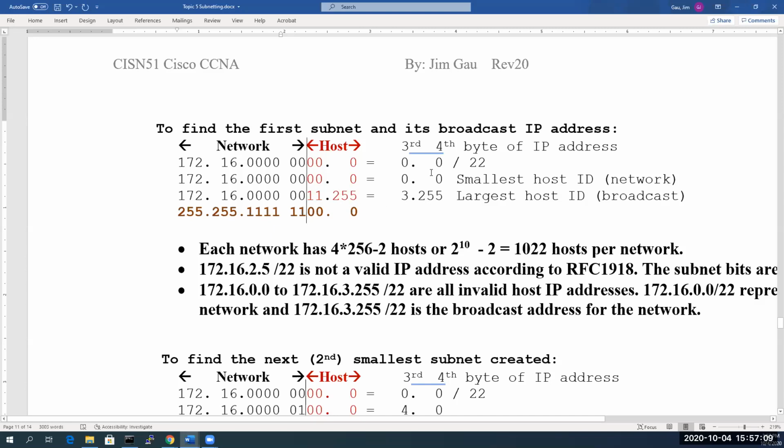So this network includes from 172.16.0.0 all the way to 172.16.3.255.